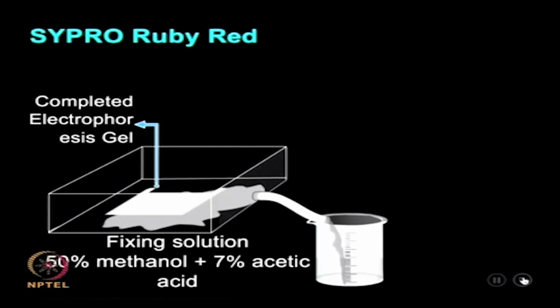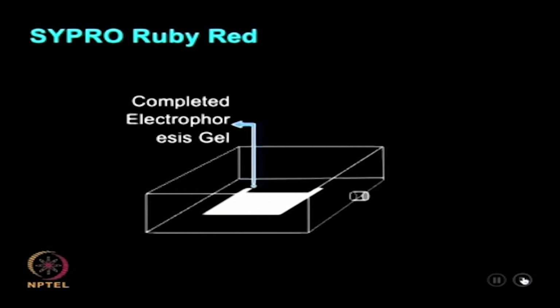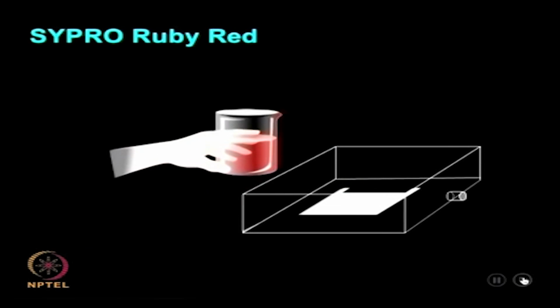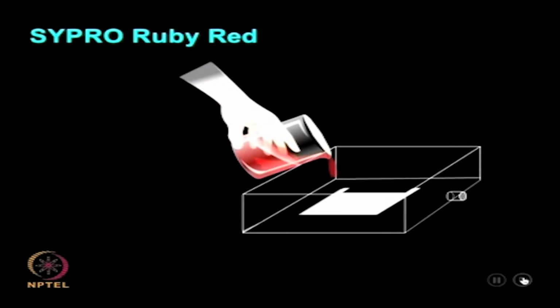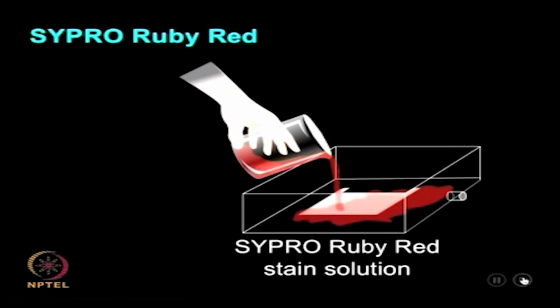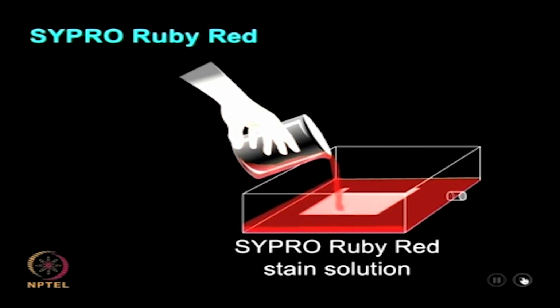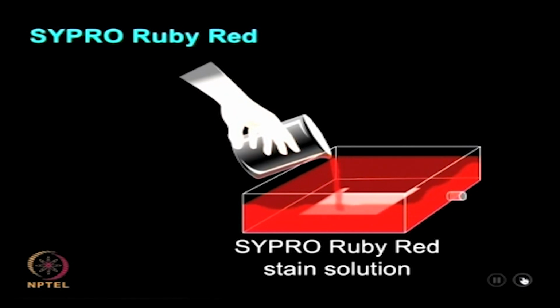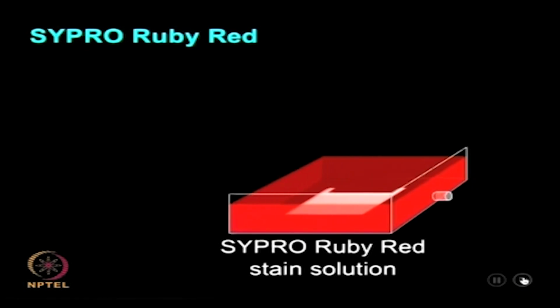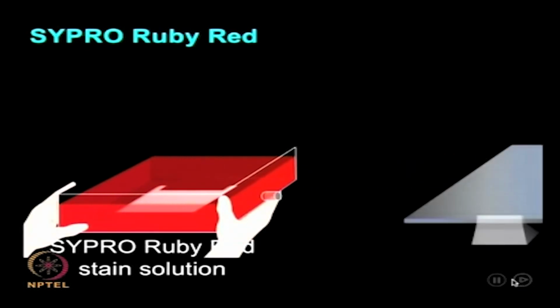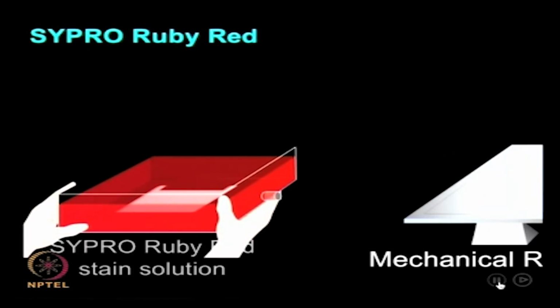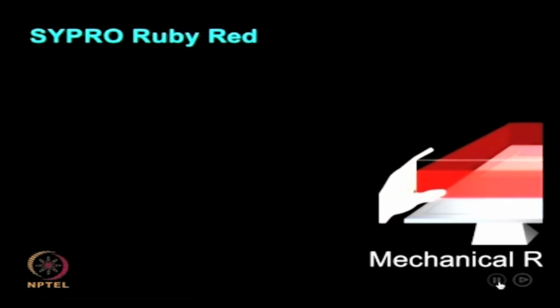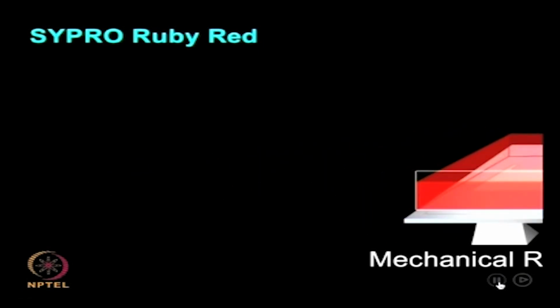After fixation step, the gel is soaked in the fluorescent cyproruby red stain solution. Gel should be kept on the mechanical rocker for uniform shaking.